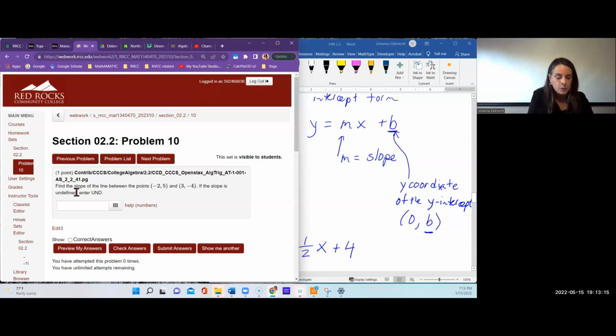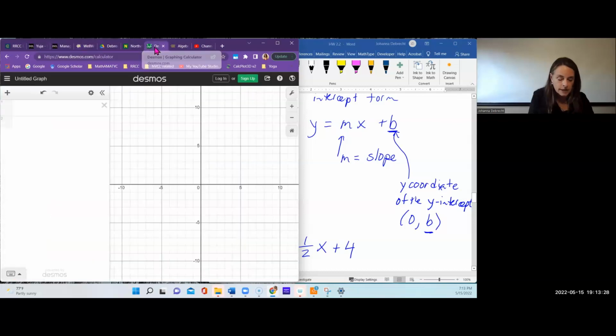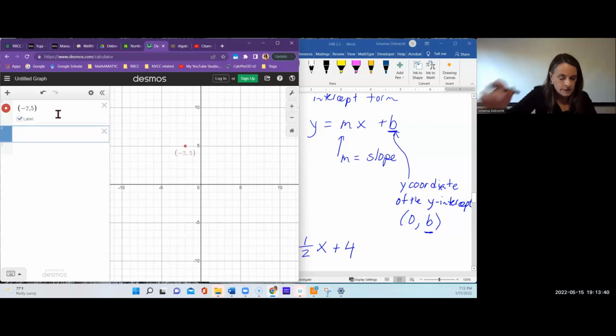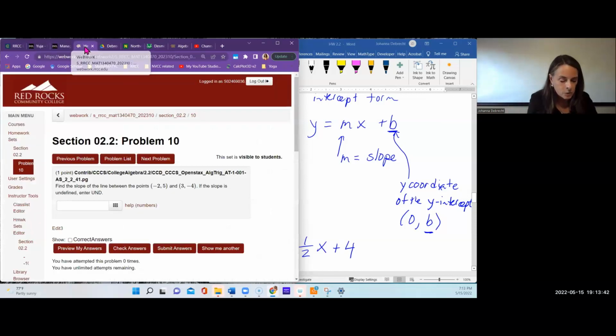On the next one, we have a question to find the slope between 2 points. When we're looking at the slope, let's think about -2, 5 and 3, -4. I'm going to have to remember that. -2, 5. And we'll label it. And our other point was 3, -4.